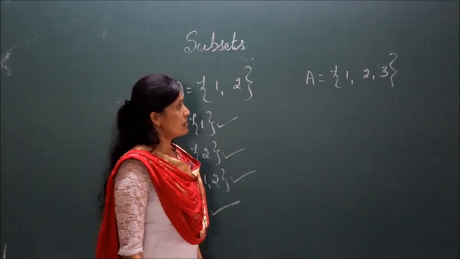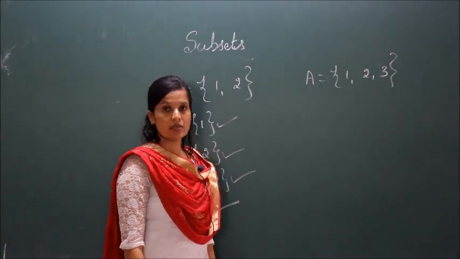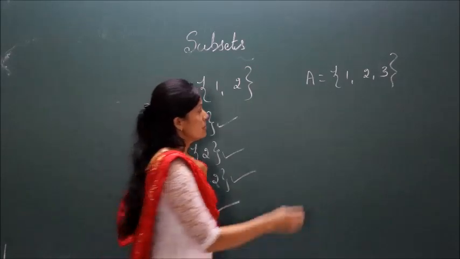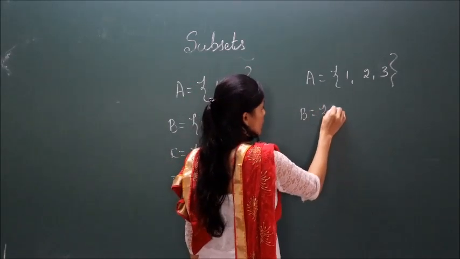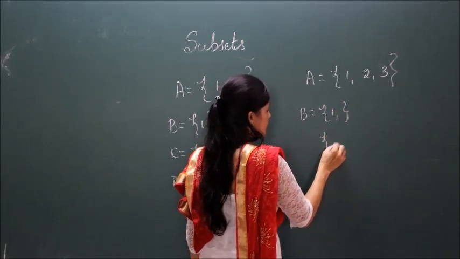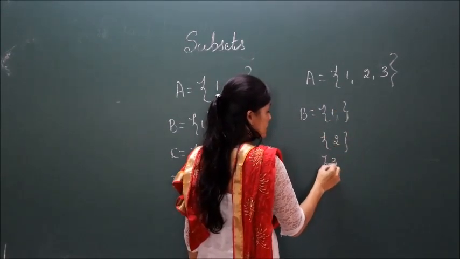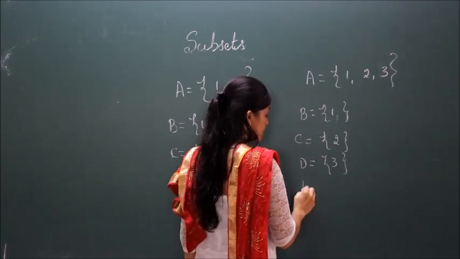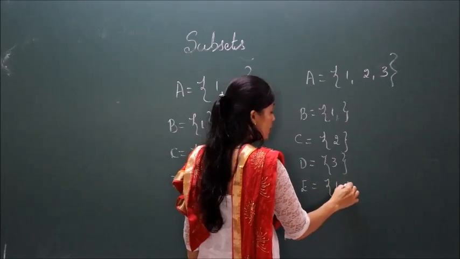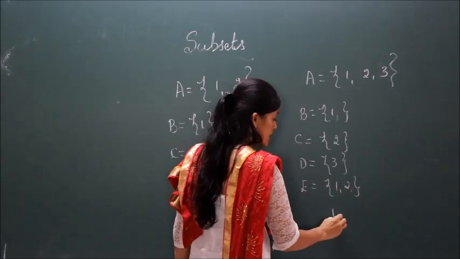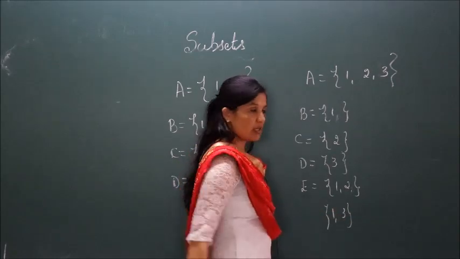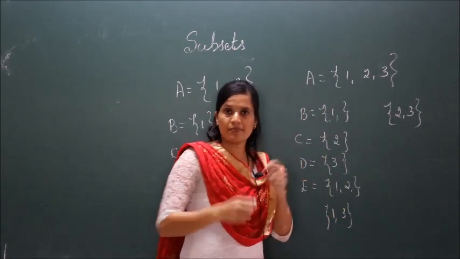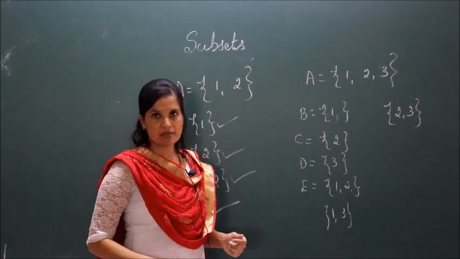The elements of the set are 1, 2 and 3. How many possible subsets can you get from this? Suppose one set, if I consider, is {1}, another set {2}, another set {3}, you can name them, and another set {1, 2}, another set {1, 3}, another set {2, 3}. Make all the possibilities, mix up the elements and get the subsets.